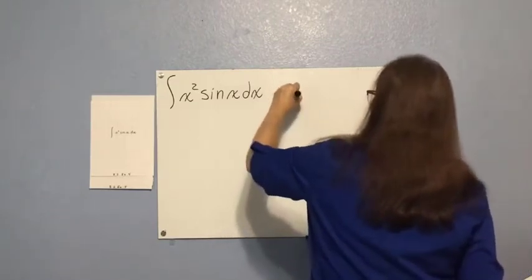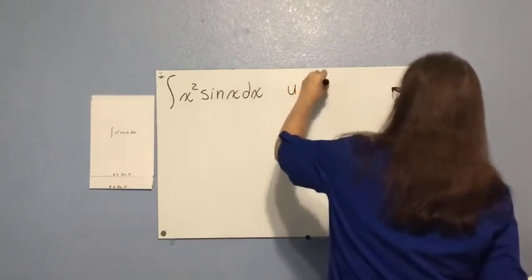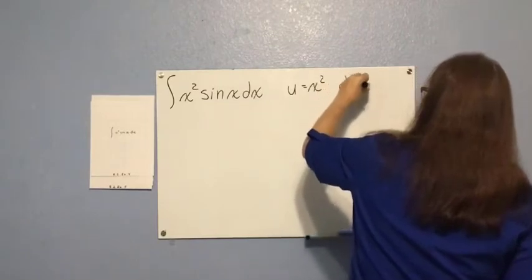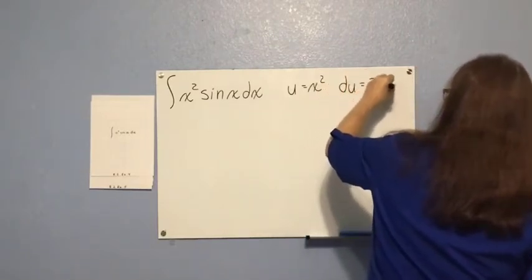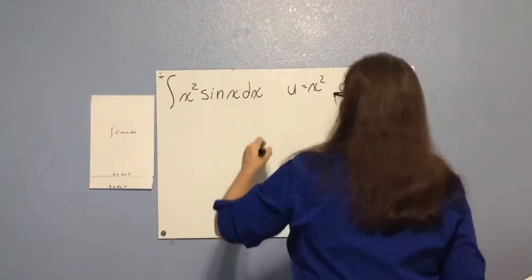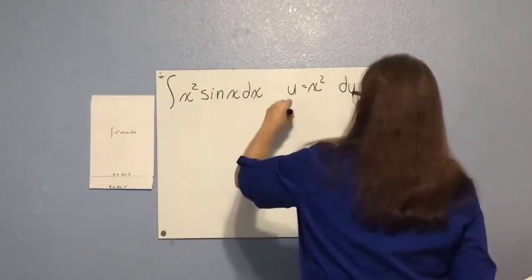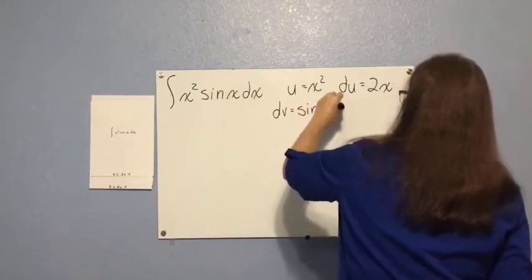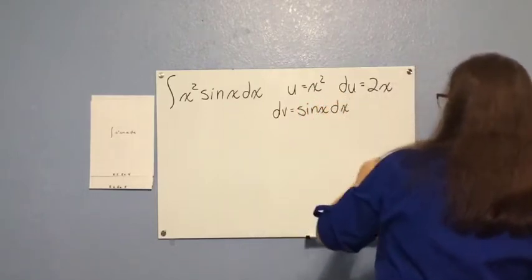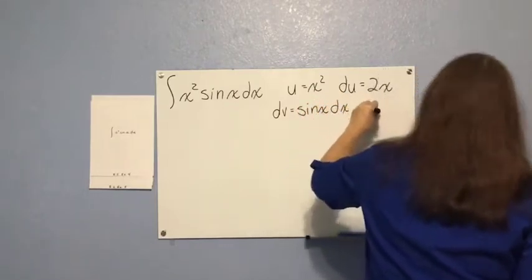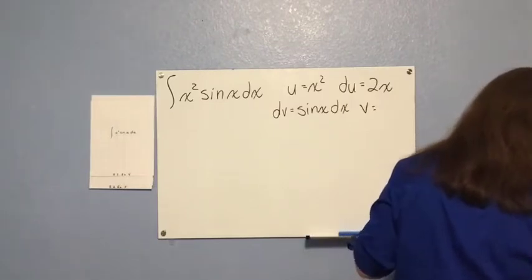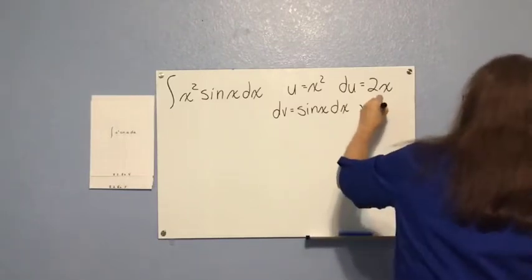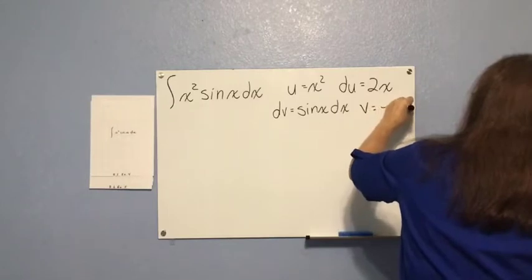So we're going to have u equals x squared, so du would be 2x, and dv is sine x dx, so that v would be negative cosine x.